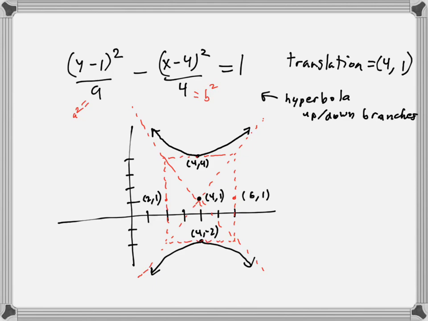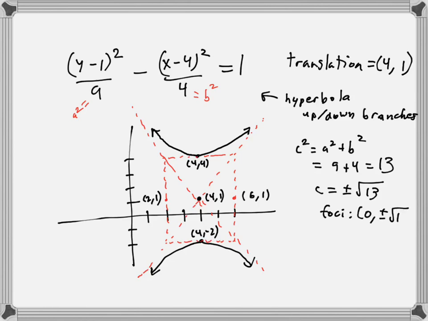What about the foci? We haven't even talked about that yet. It's not that bad. C squared is a squared plus b squared, right? So that's going to be 9 plus 4, which is 13. So c is plus or minus root 13. The foci are 0 plus or minus root 13. What is the square root of 13? It's 3 point something, right?